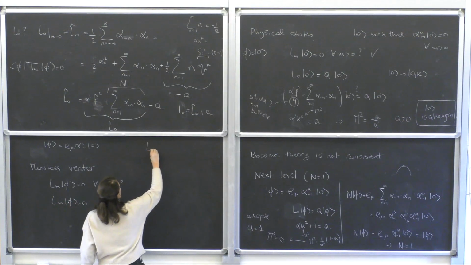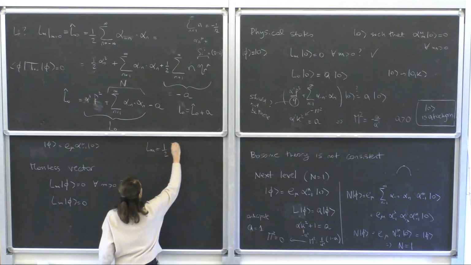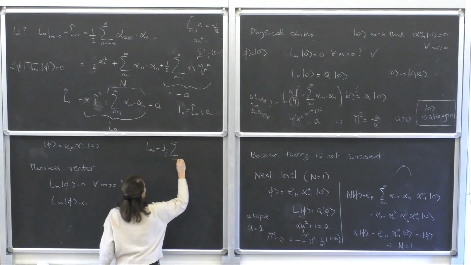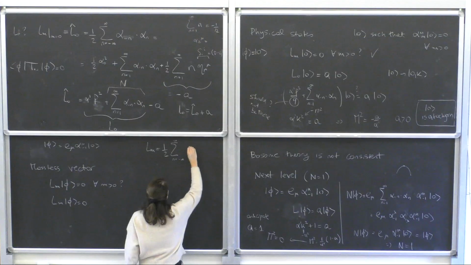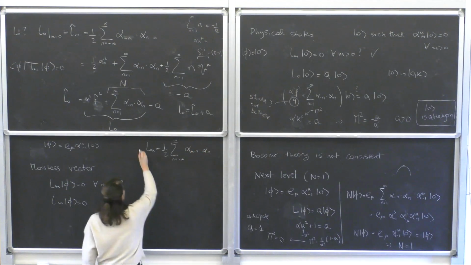Lm is 1/2 of the sum from minus infinity, for all m different than 0, alpha m minus n dot alpha n.